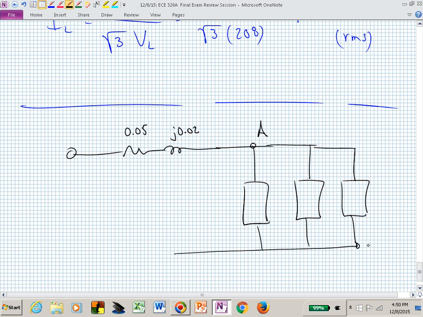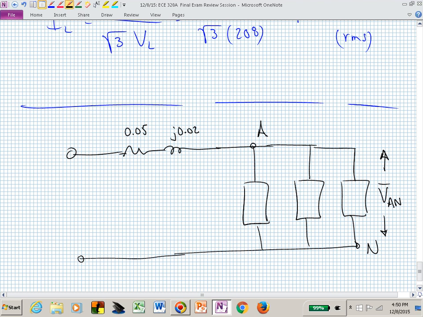Let's say that this is now in the A phase at the load. We didn't calculate that, but what do we know is true if somebody said, what's the complex power of the transmission line in one of the phases?